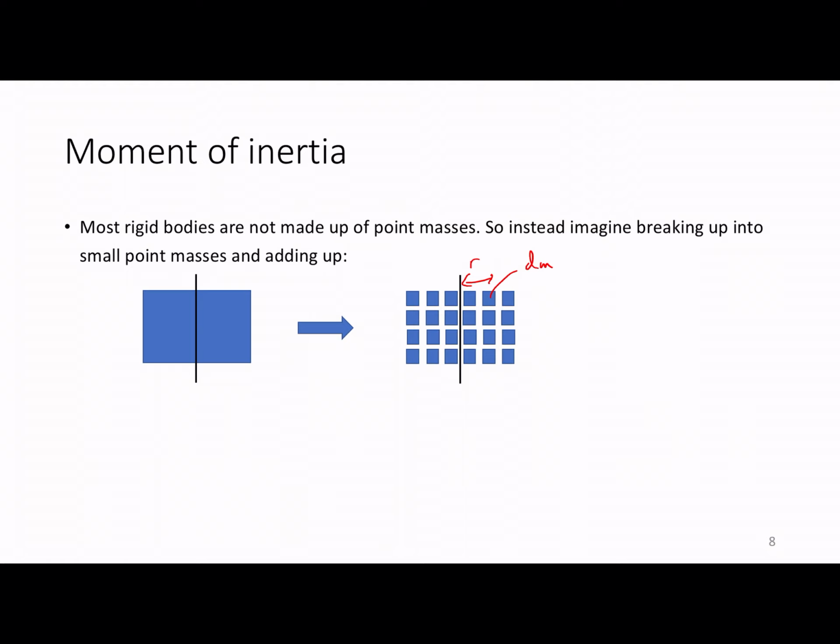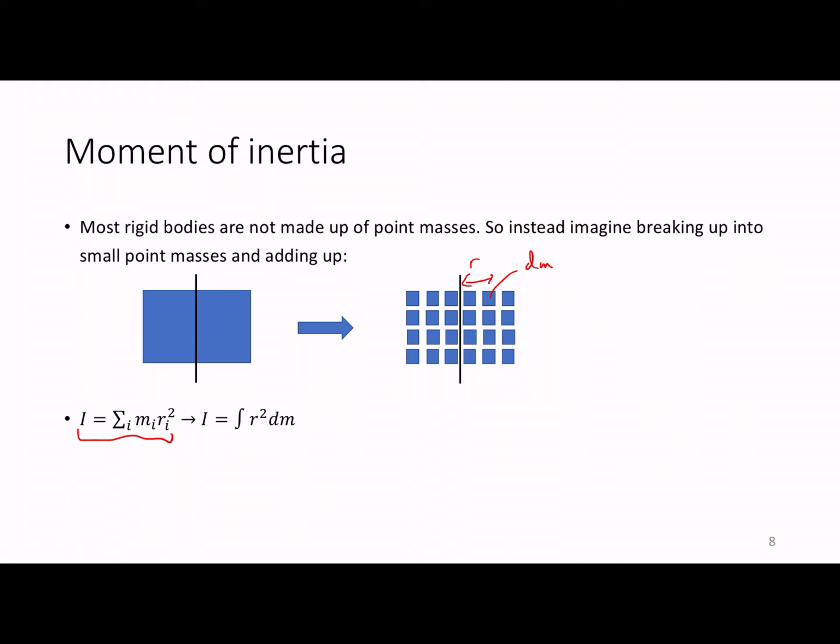The d indicates it's small. Then my sum over all of these objects, when I take the limit of having these objects become smaller and smaller, we know what we're doing here. That's called an integral. So this formally can be expressed as an integral, r squared dm.